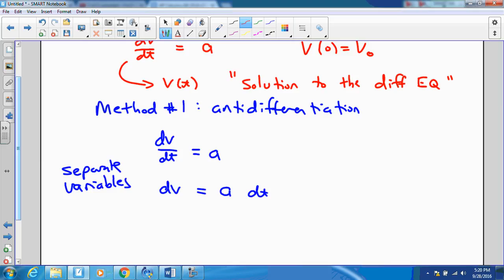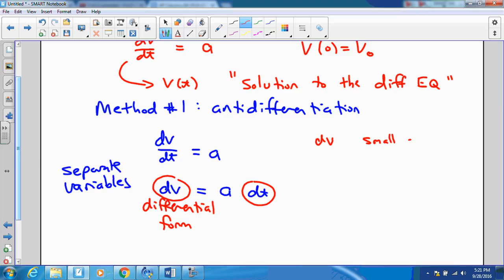Well, no and yes. No, in the sense that I am not really just multiplying both sides by dt, even though it looks like this. But yes, in the sense that I now end up with a new equation in what we call differential form, in which I have two quantities called differentials that are little changes in each quantity.